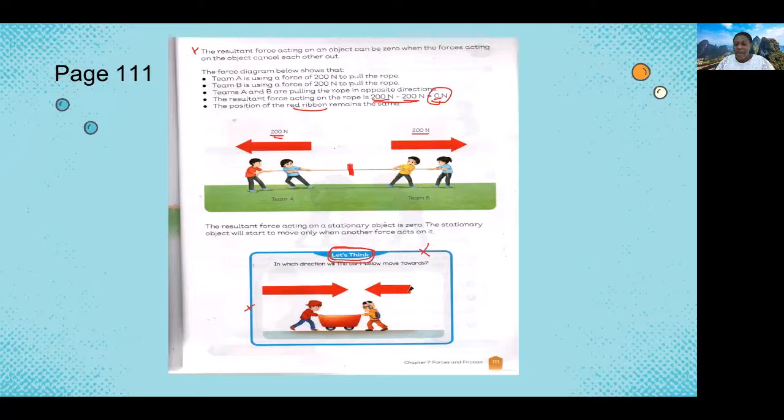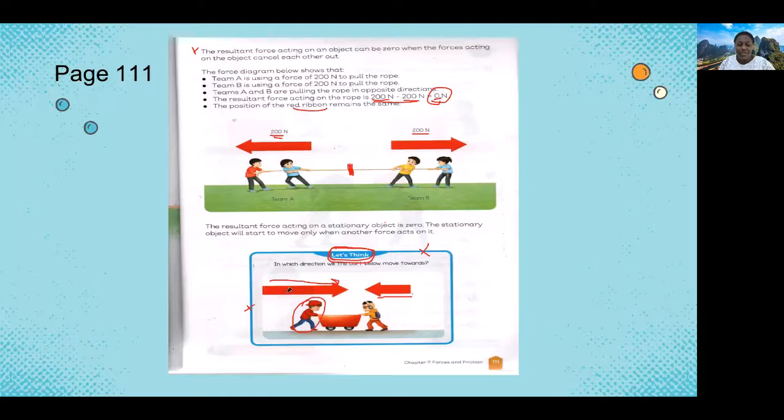So do we agree that the cat will move towards the right because more force is exerted towards the right. We have more force here. The longer the arrow, meaning that this person here exerts more force than this one. This one is short and this one is long. The longer one shows the amount of force exerted.